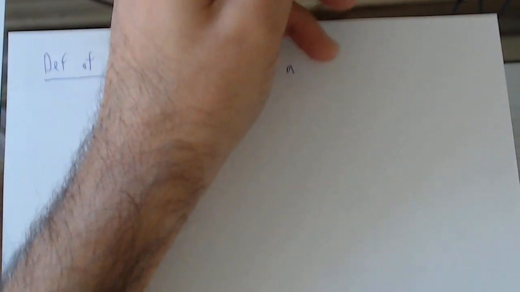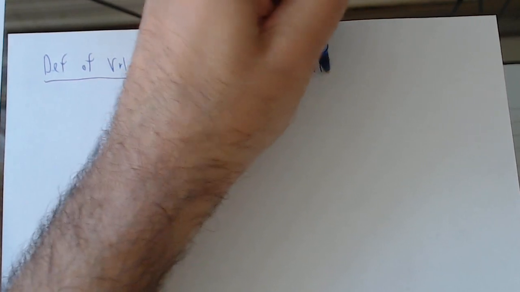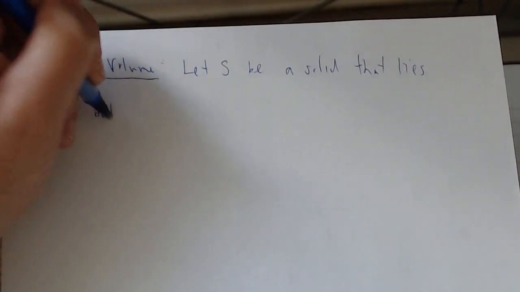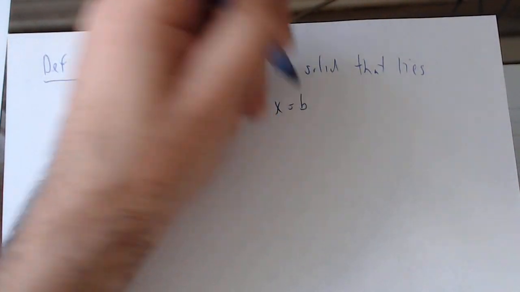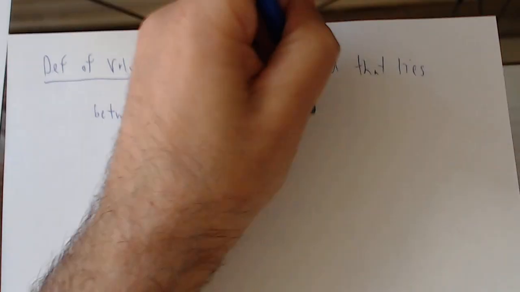It says, let S be a solid that lies between x equals a and x equals b.